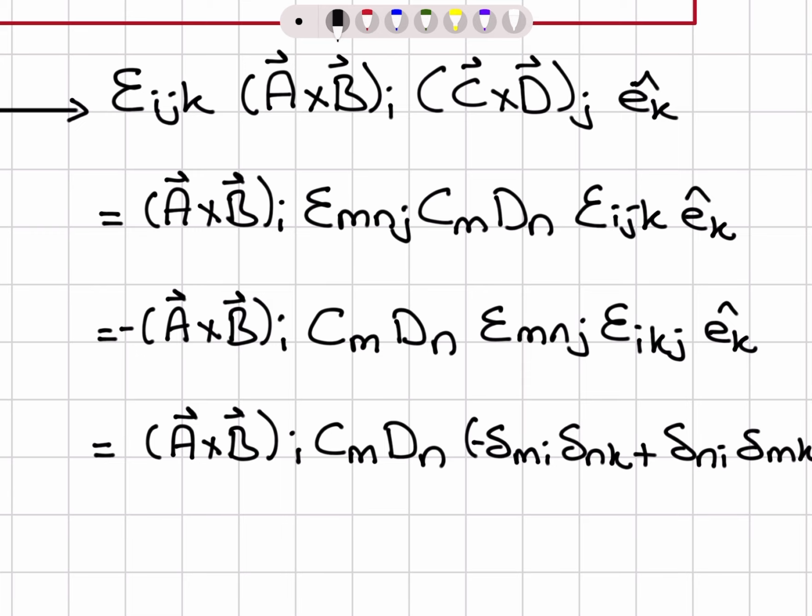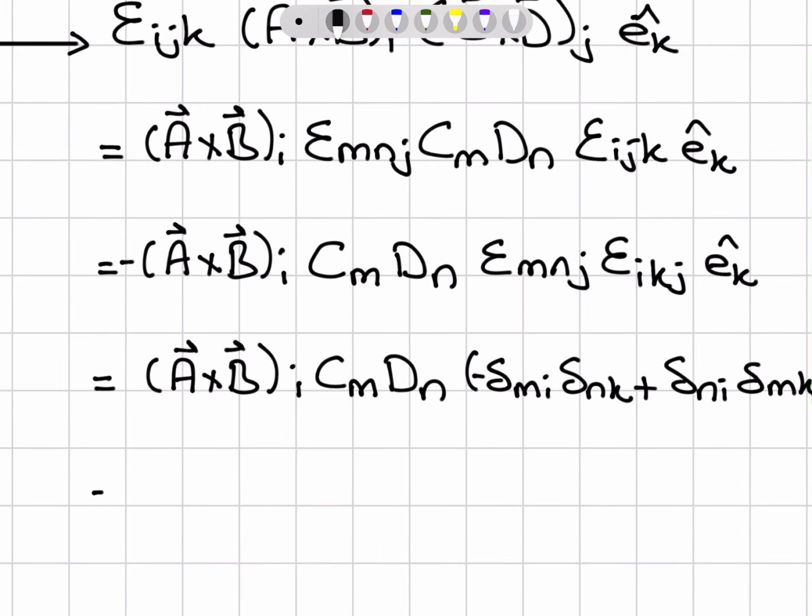Now if I operate that Kronecker delta on the left-hand side, I have A cross B's ith component. This is telling me that n's will be replaced with i and m's will be replaced by k.